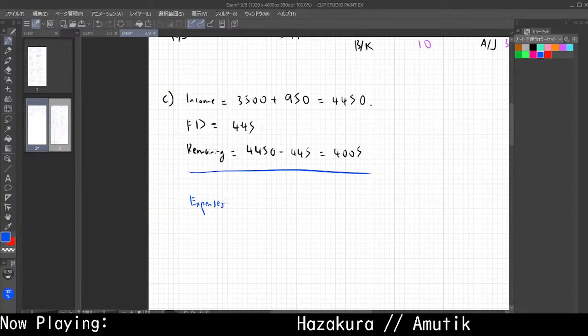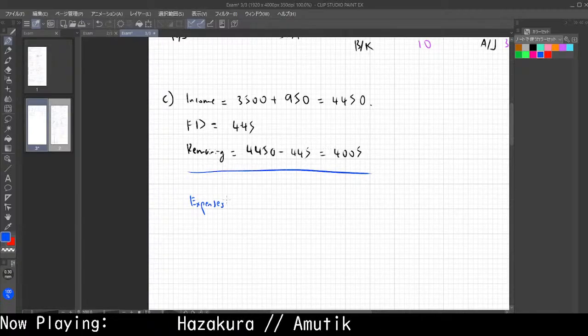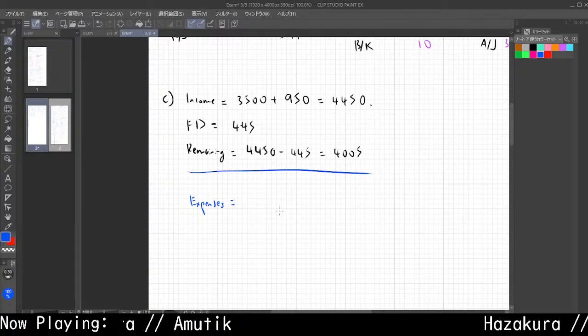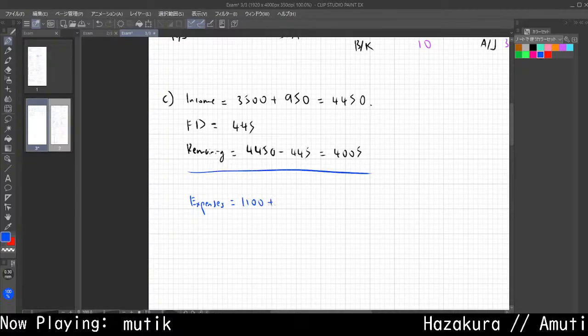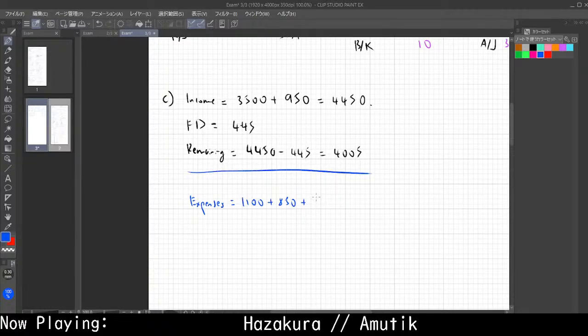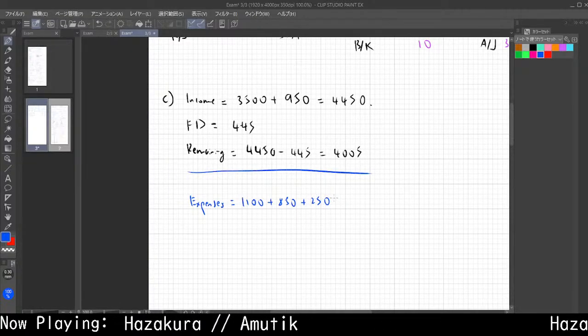You still take your entire remaining amount and just minus it, so it makes no difference. Okay, expenses 1,100. You just add everything together basically. So this is your car installment. Housing loan is fixed, car installment is fixed. Insurance premium you pay every month, so it's fixed.